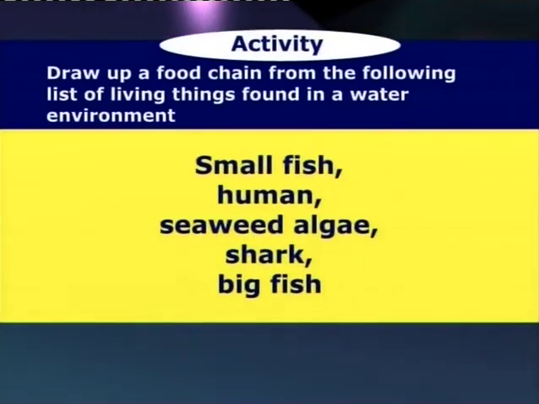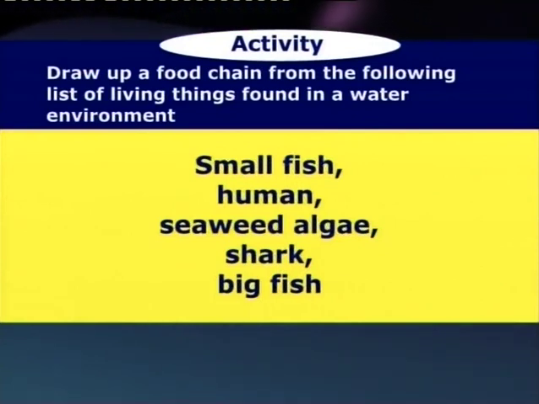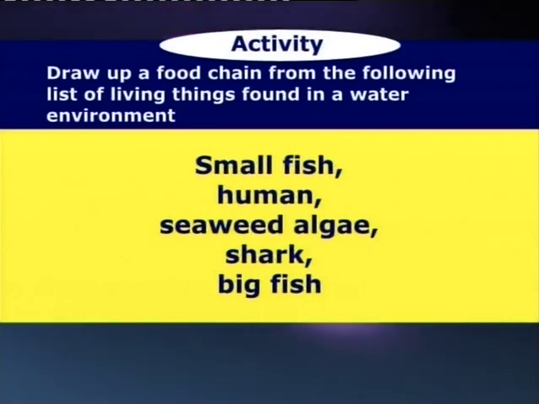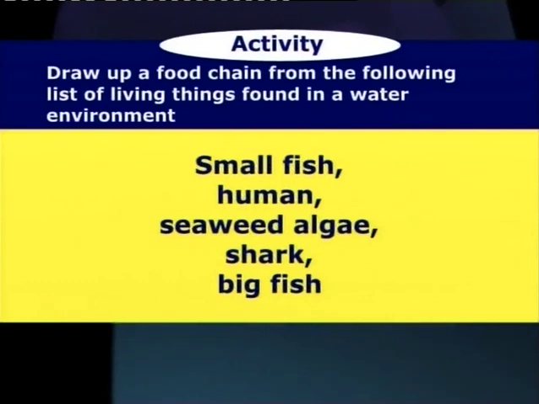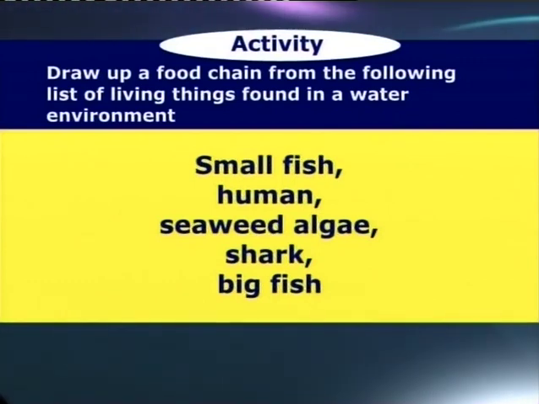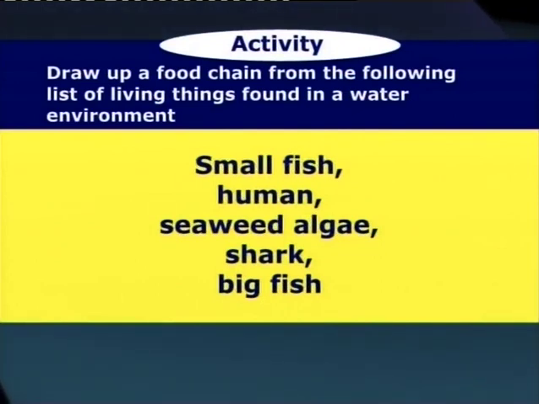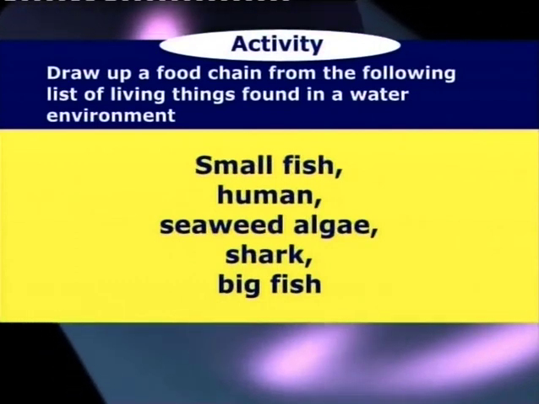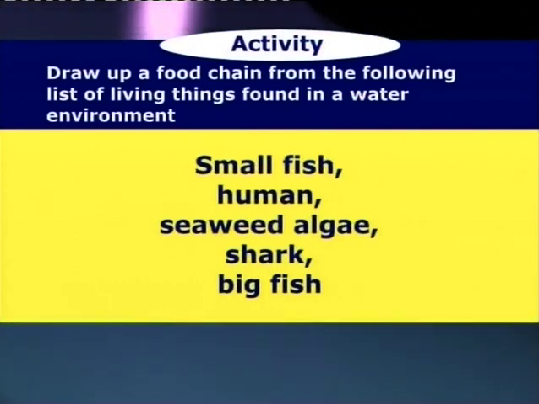Hopefully you can put that into the water food chain. Very good. I hope you're as fast as Michaeline. Now Michaeline is going to get that last bit of food chain down on the board.